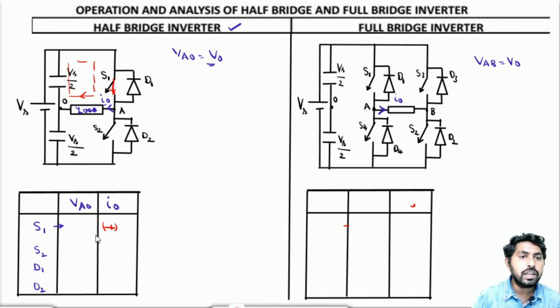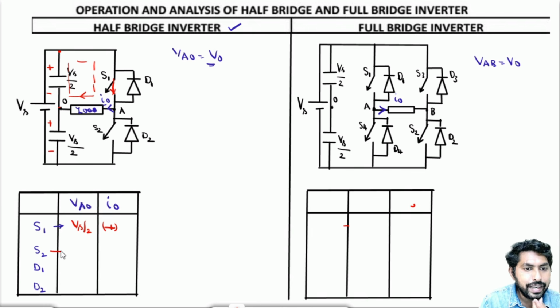What about VA0? It will be plus or minus Vs by 2. Here the positive terminal is connected to A and O is connected to the negative, so VA0 will be Vs by 2.